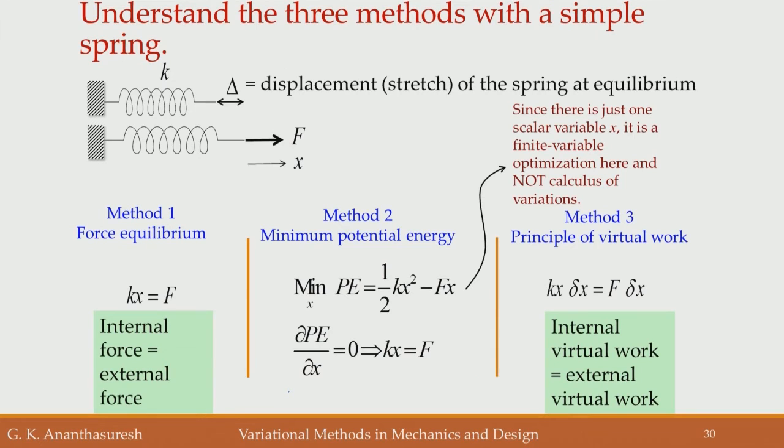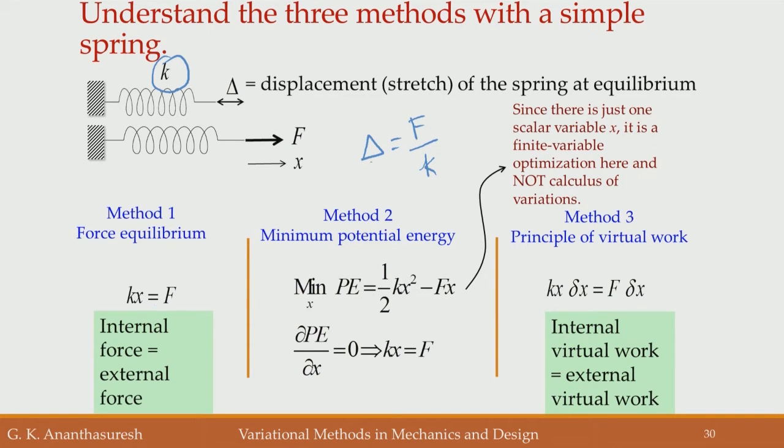In order to understand the three methods, let us take the simplest problem that one can imagine in elasticity, which is basically a spring of spring constant k, and we apply a force F and it is going to undergo a displacement delta. Everybody knows the answer for this: the delta that we have, or x that we have at equilibrium, is F divided by k.